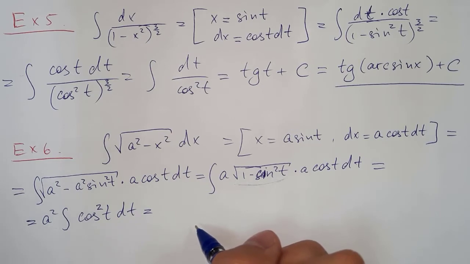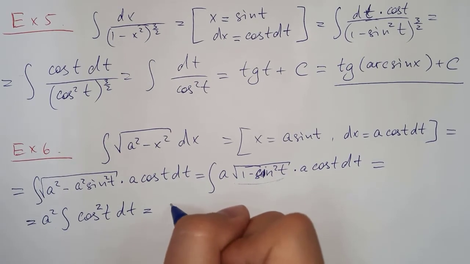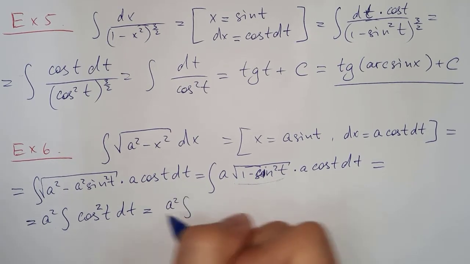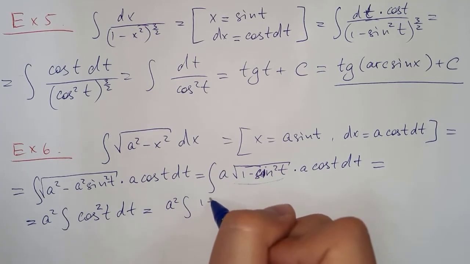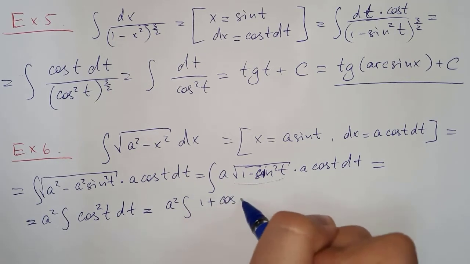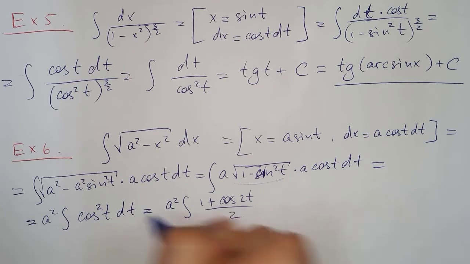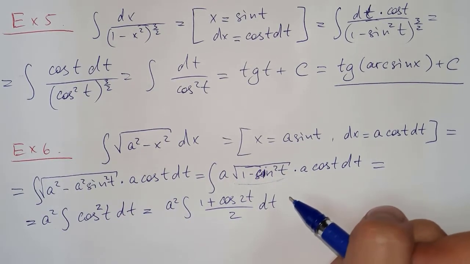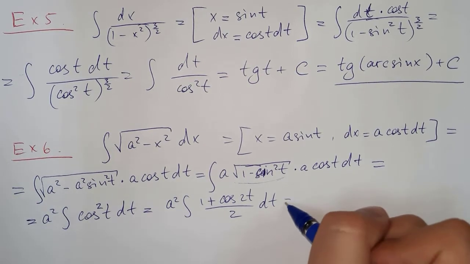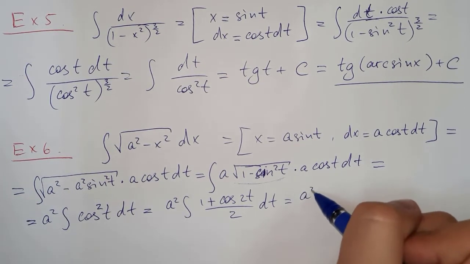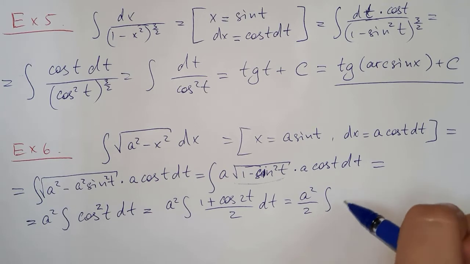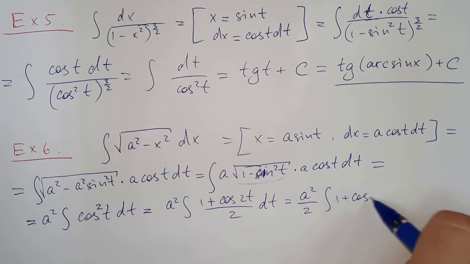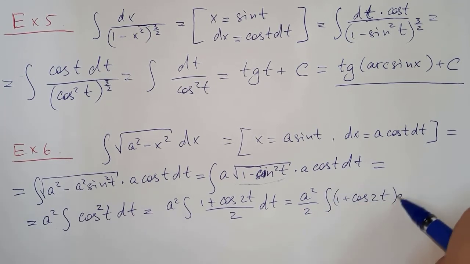Now, how to compute the integral of cosine squared t? We'll use the formula: a squared times the integral of (1 plus cosine 2t) over 2. Hence we have a squared over 2 times the integral of 1 plus cosine 2t dt.